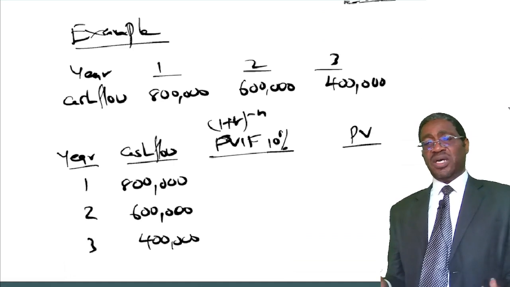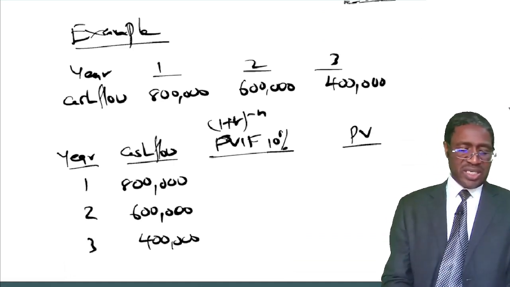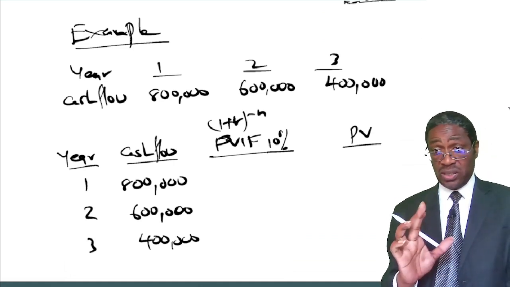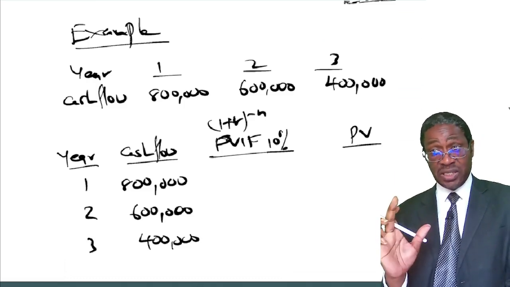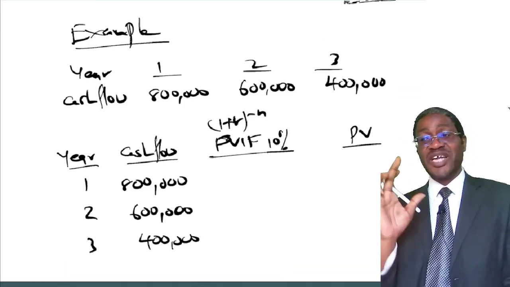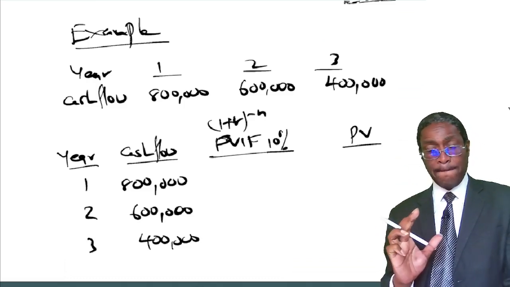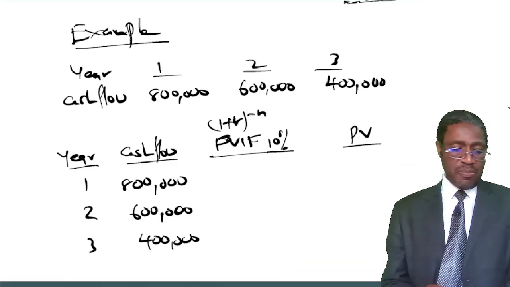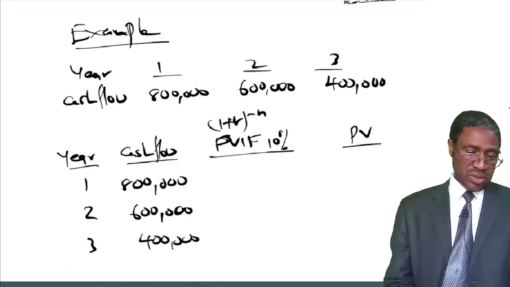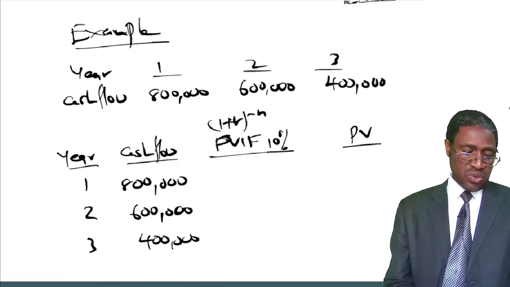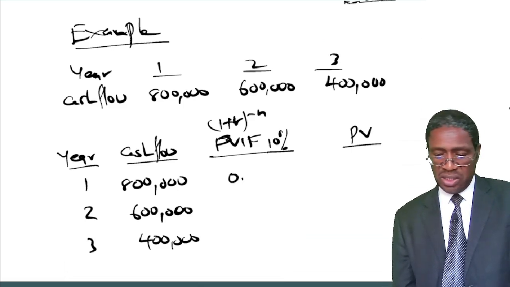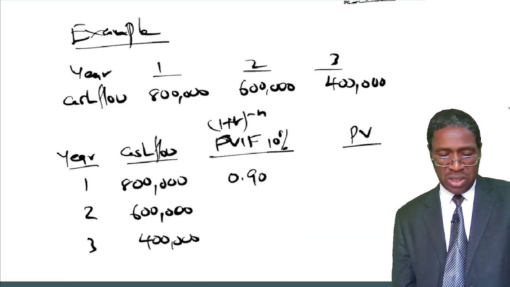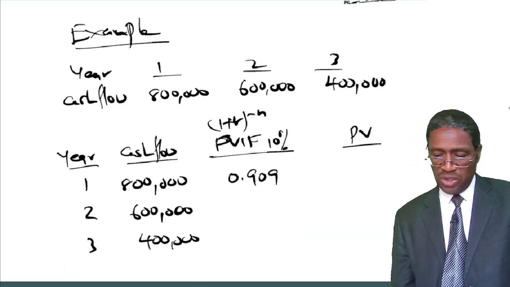In the first year, we are getting 800 at 10%. Because our rate is 10%, I take 1.1 to the power of -1, which gives me 0.9091 to the nearest 4 decimal points.